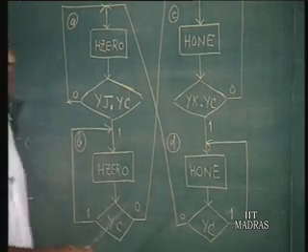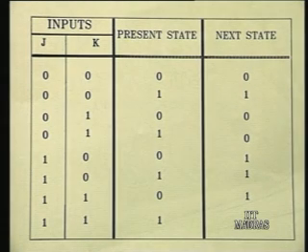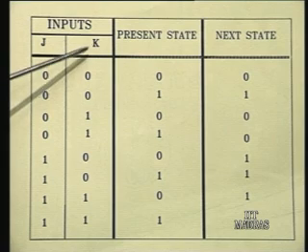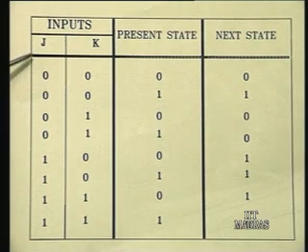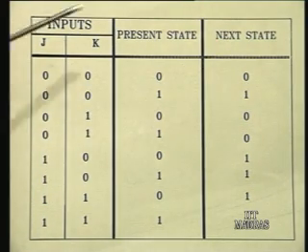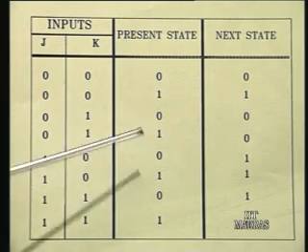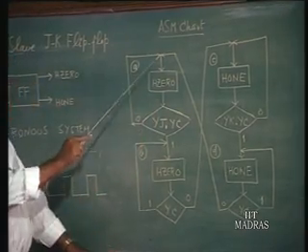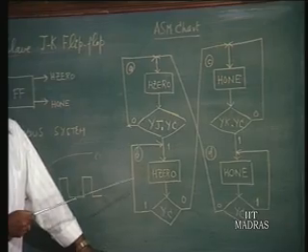So actually, combining this chart information, in which only J and K had been given, plus the clock which I had given you, we have worked out the ASM chart of this master slave flip-flop. Everything that you find in this chart, everything that you find in this table, that is the excitation table, you can verify is satisfied when you follow the various paths in the ASM chart.